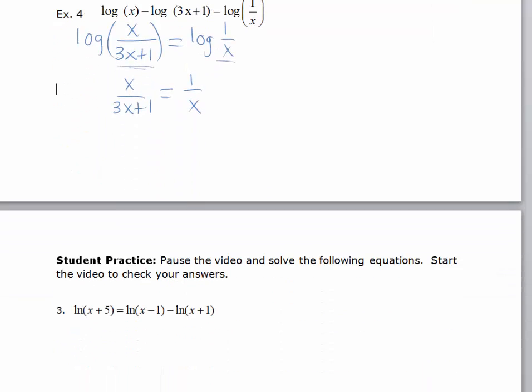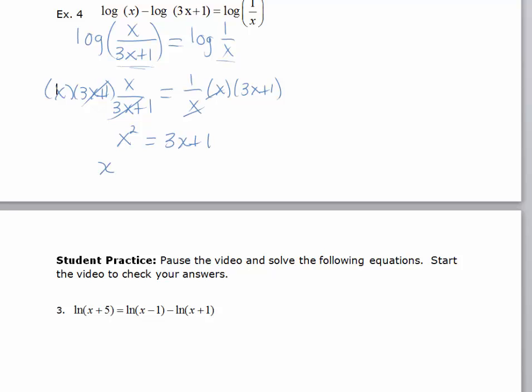In this case, since this is a rational equation, you have to either use the cross products or multiply through by the LCD, which would be x times 3x plus 1. And now your 3x plus 1's cancel. You get x squared is equal to, the x's cancel here, 3x plus 1.